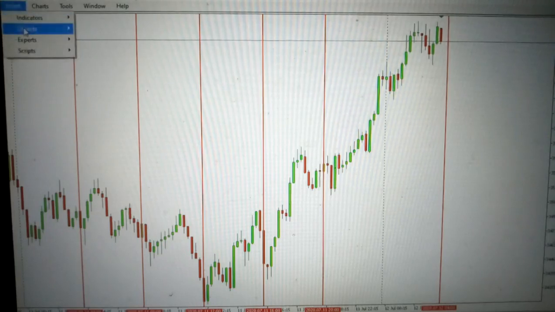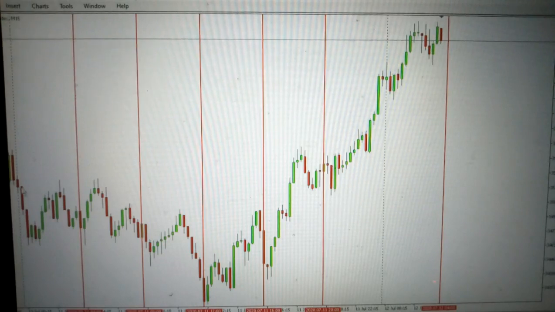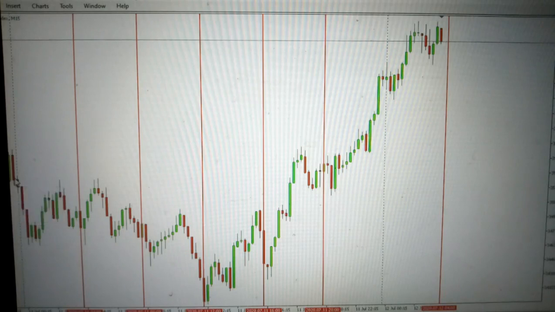Now the next thing is to plot the closing price. I'm going to mark out the closing price of the first 4-hour. I'll place a horizontal line on that mark, and also identify the closing price of the next 4-hour, and place a horizontal line on that point, so that I'll have more like a rectangular shape of how price moved. Did price move upwards or did it slide downwards?